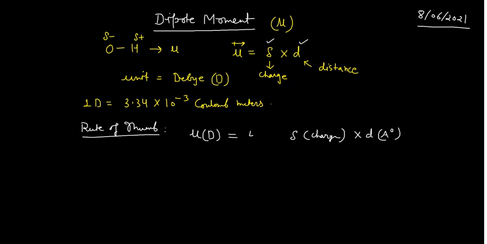If you multiply this by the factor 4.8, then whatever dipole moment comes will have the unit of debye, that is D. This is something very important. So here I will explain some of the physical part which is very important for your JEE Mains and JEE Advanced, and then I will come to the application part of this.